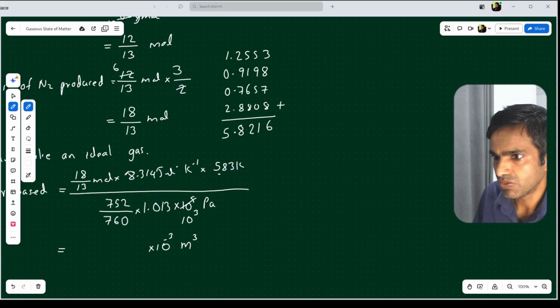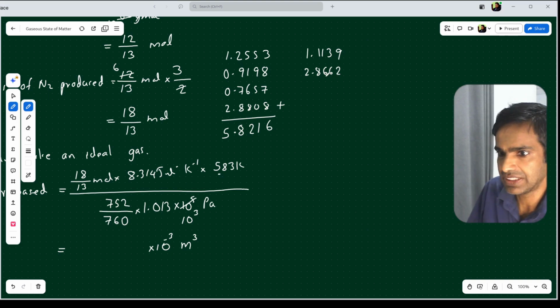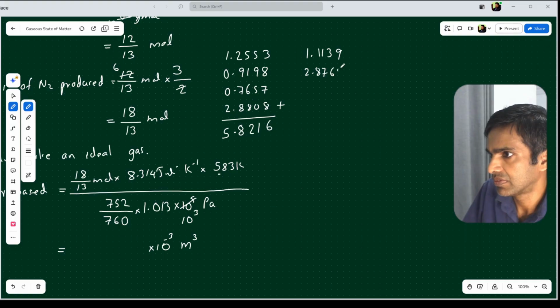Then the logarithm of 13 is 1.1139. Then the logarithm of 752. Sorry, it is 2.8762. Then the logarithm of 1.013 is 0.0056.